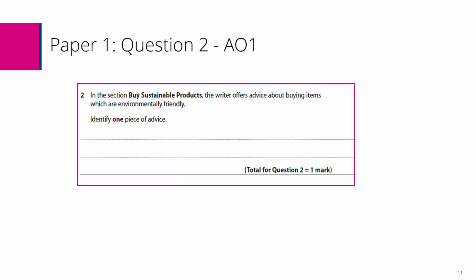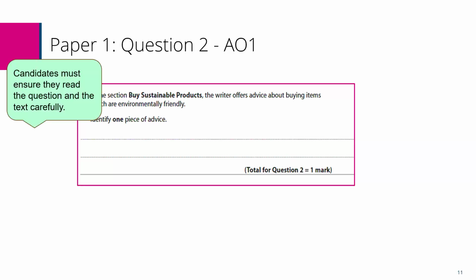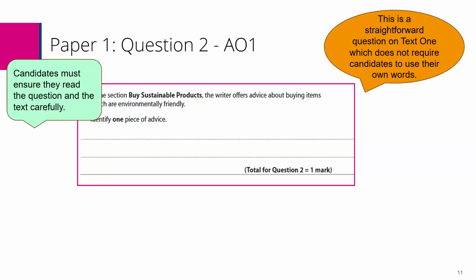So questions 1 and 2 require students to use quotation rather than their own words, and to not write too much or spend too much time on these low tariff questions. So candidates must ensure they read the question and the text carefully. This is a straightforward question on text 1, which does not require candidates to use their own words.